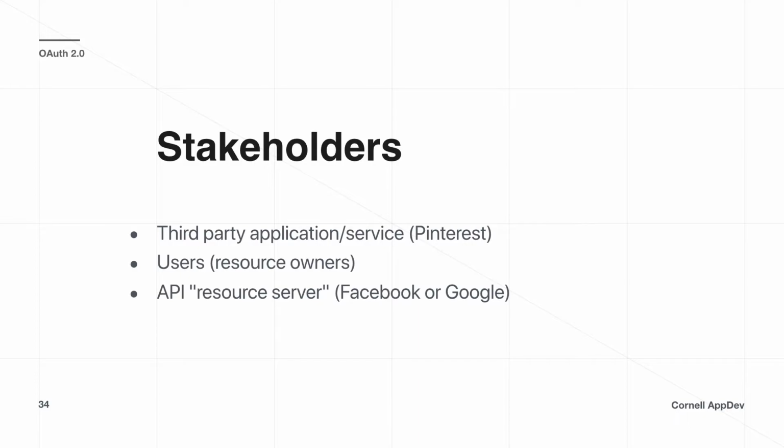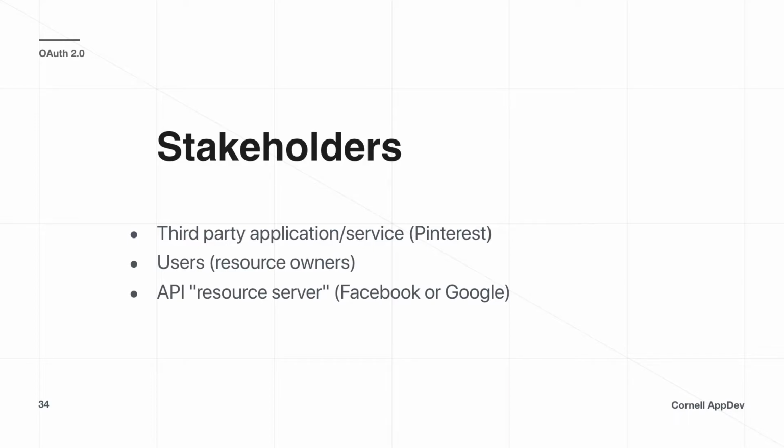So there are 3 different types of parties that are associated with OAuth, and I think they make sense. First, you have the application you would like to sign up or log into. In this case, it's Pinterest. You have users, which would be you, and they're called resource owners. And then we have the API resource server. So this is the app whose account you're using to sign into Pinterest, so that might be Facebook or Google.